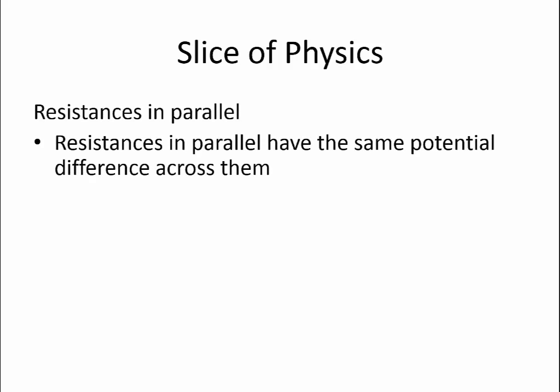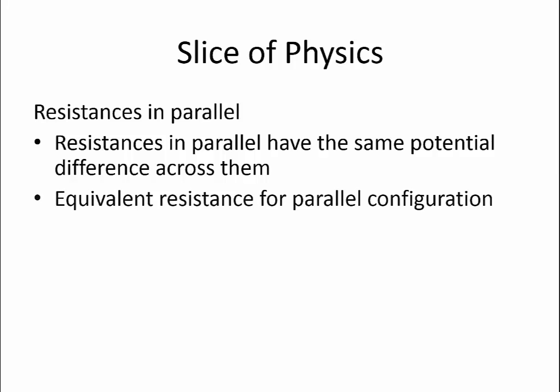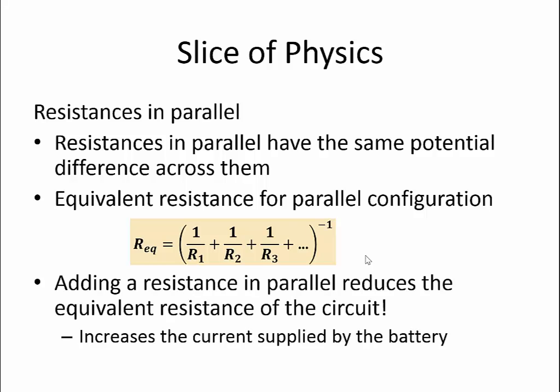So in this class of physics, we looked at resistances in parallel. We first realized that the potential difference across resistances in parallel is the same. We used that and Kirchhoff's junction law to derive an equation for the equivalent resistance when resistances are in parallel, which is a little bit more involved computation than when they are in series, which is just simply adding them. Then we realized that adding a resistance in parallel to a circuit decreases the equivalent resistance of the circuit.